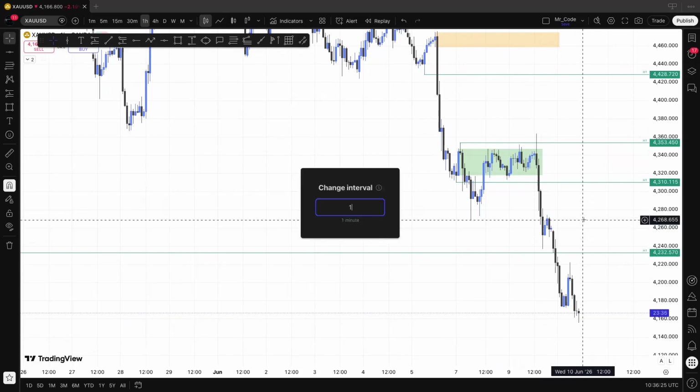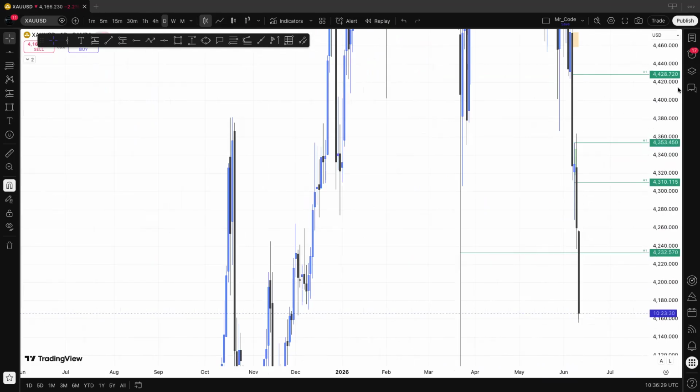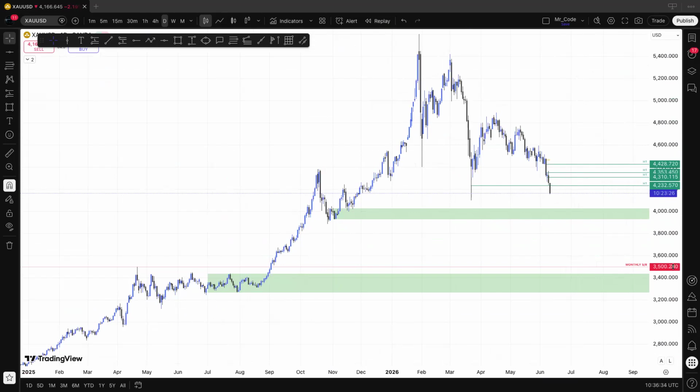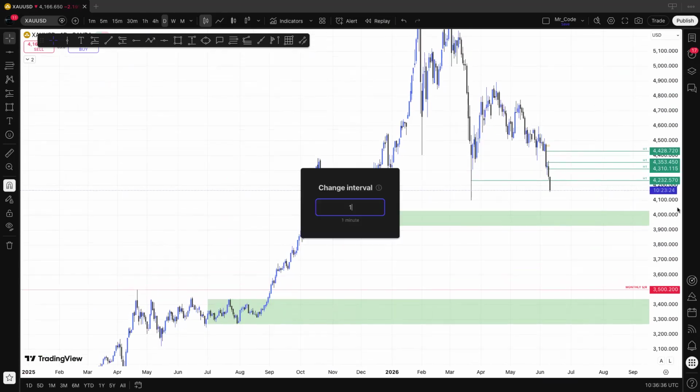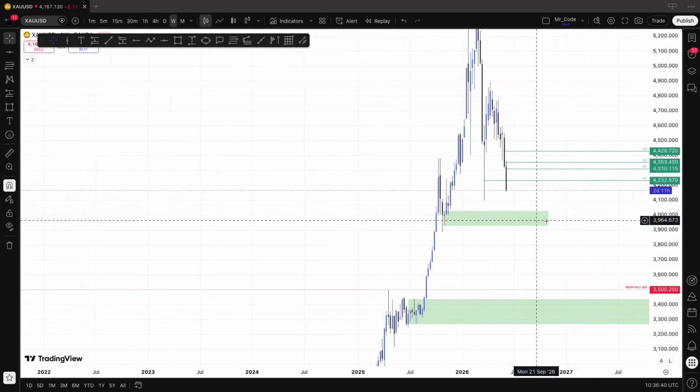Okay, so now where is XAU USD heading to? On the daily time frame, we can see XAU USD is heading to the weekly supply right here.